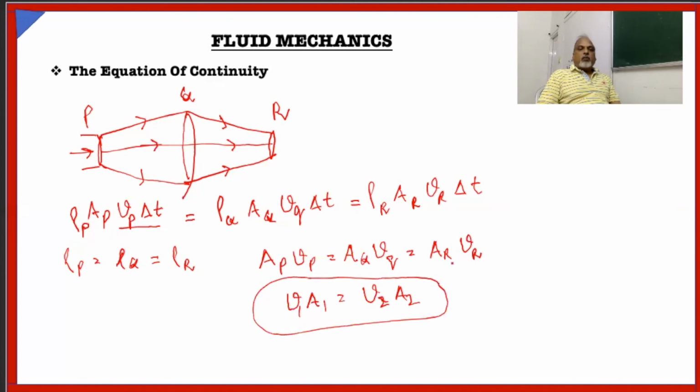The product of velocity and area remains constant at each point in the pipe where the liquid is flowing. A into V is nothing but the volume flow rate.